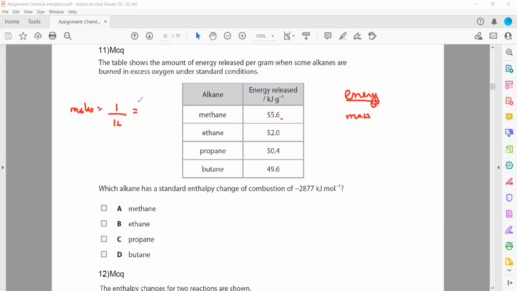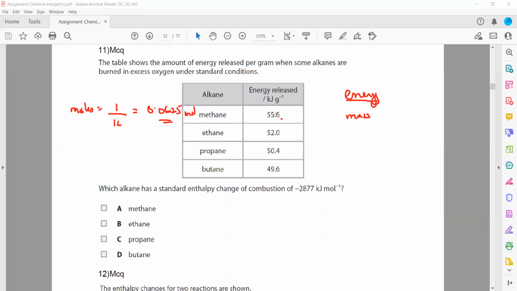So 1 gram contains 1 divided by 16, which is 0.0625 moles. Basically, when this many moles of methane are burned, this is the energy released.